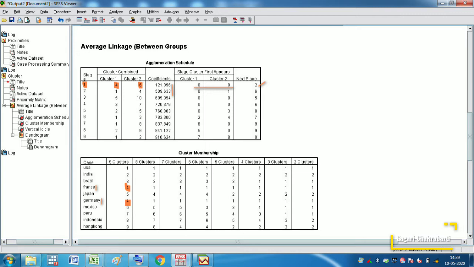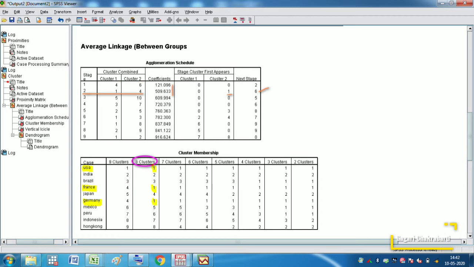Now, cluster 1, which is France, appeared first in stage 0, and cluster 2, which is Germany, also appeared first in stage 0. The next stage column shows that in second stage there would be a change in the membership of this cluster. In stage 1, thus we have 9 clusters, France and Germany in one cluster, and all the other markets will be in their individual clusters.